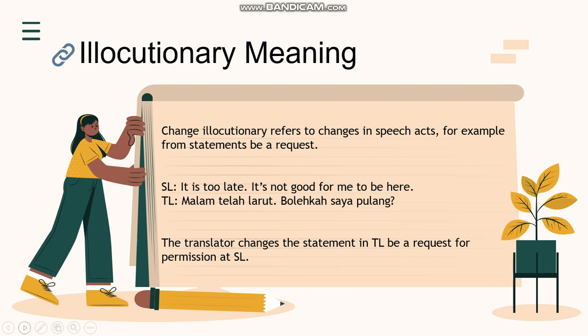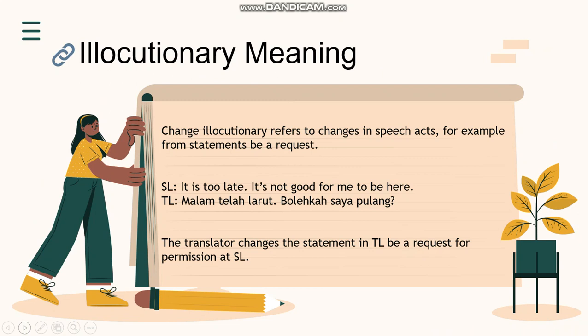Okay, next, the fourth pragmatic strategy is illocutionary meaning or illocutionary changing. Changing illocutionary refers to change in speech acts, for example, from a statement to a request. Let's see the example. In the source language, it is too late. It's not good for me to be here.